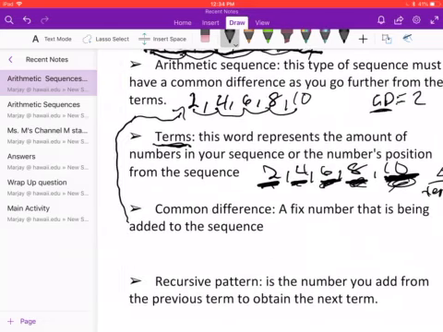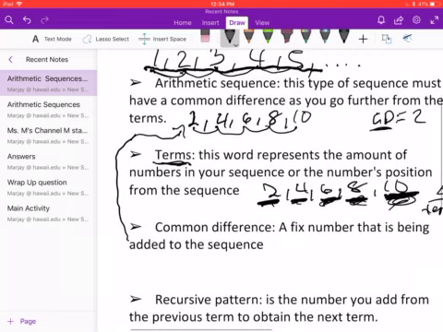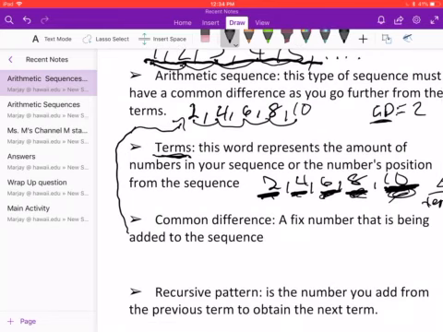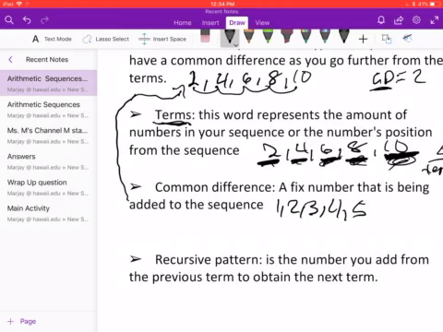But we can talk about a different example to represent common difference. Let's say the 1, 2, 3, 4, 5 pattern. What is the common difference of this pattern? What is being added in order to get to the next term?